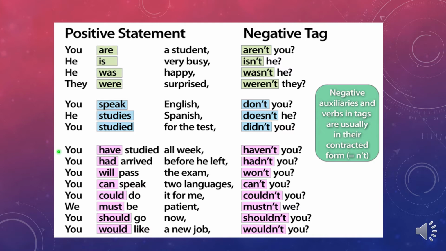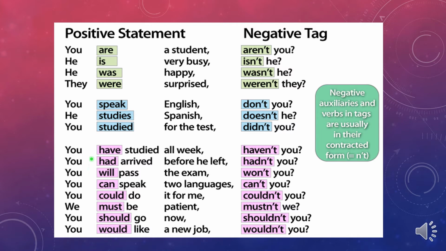You had arrived right before he left, hadn't you? You will pass the exam, won't you? Okay. In this case, the first structure is present perfect, the second past perfect, and the other future will.